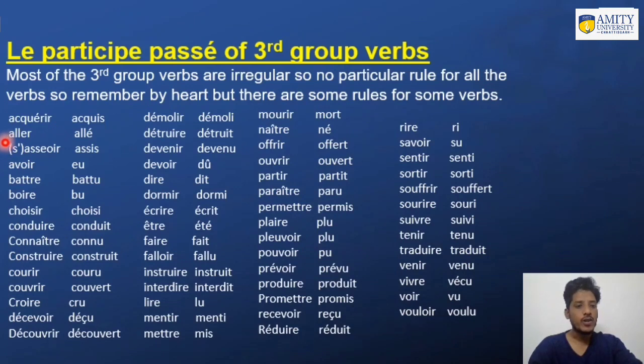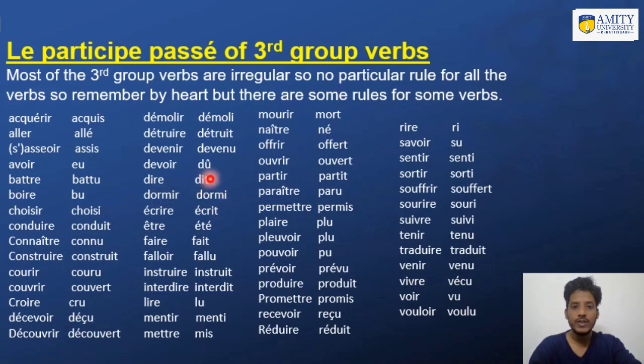So there are some important irregular verbs from the third group. For example, over there aller, avoir, don't follow any rule. You have to remember them by heart. Boire, bu. Savoir, su. Écrire, to write, écrit. Dormir, dormi.